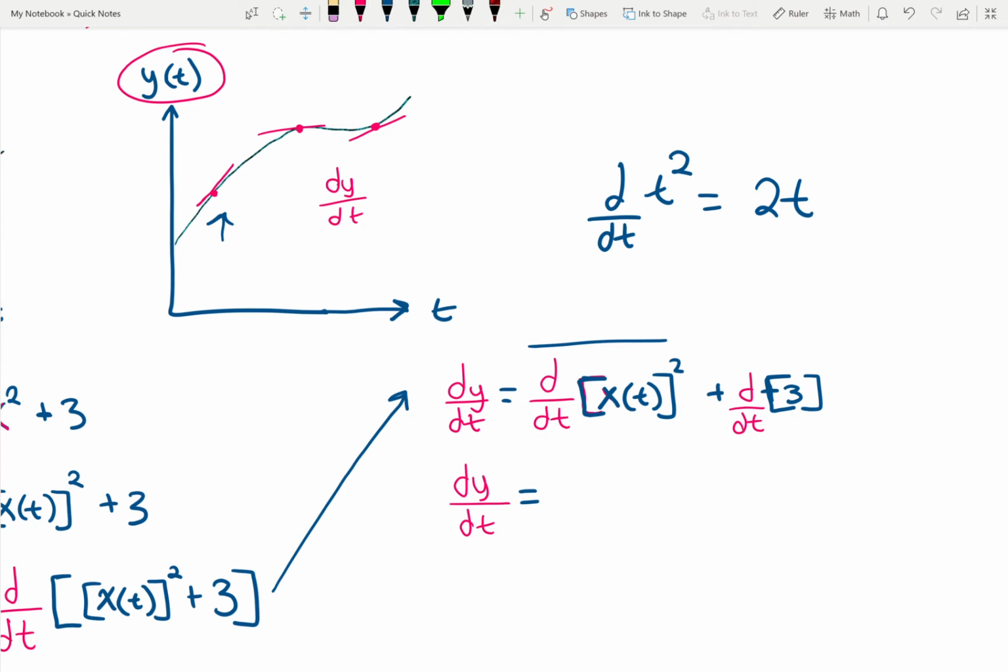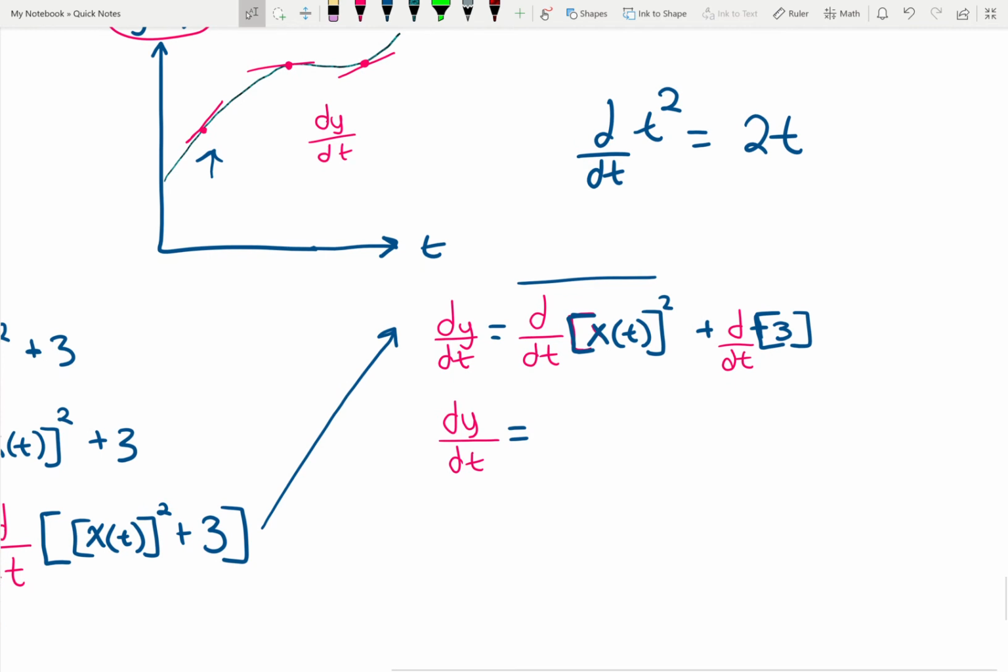So remember our rules for implicit differentiation. I'm going to take the exponent, drop it down, keep the inside function, and subtract 1 from the exponent. I'm going to multiply this whole thing by the derivative of this inside function. So what is the derivative of this inside function?